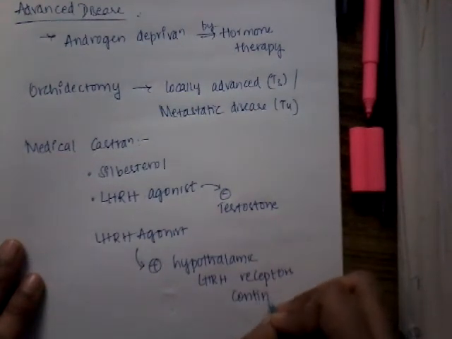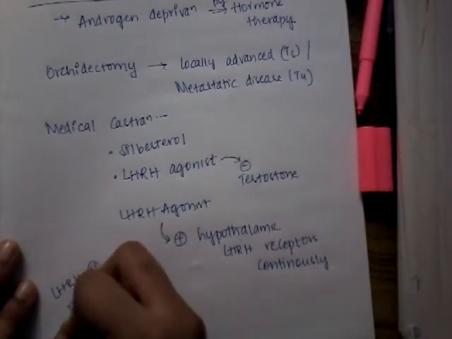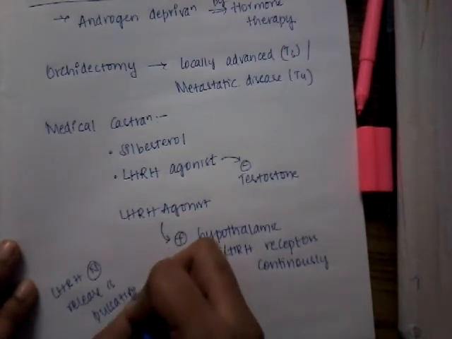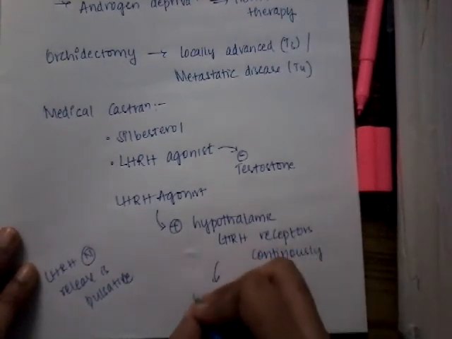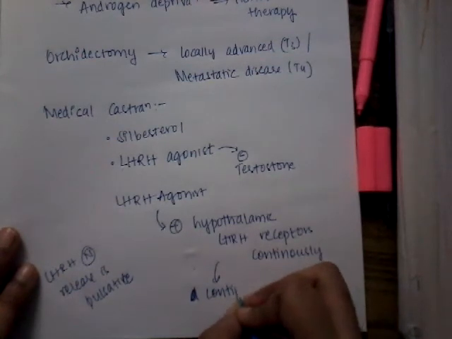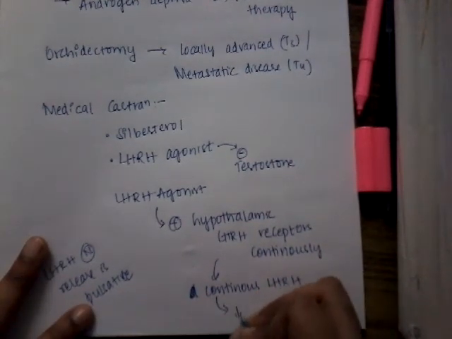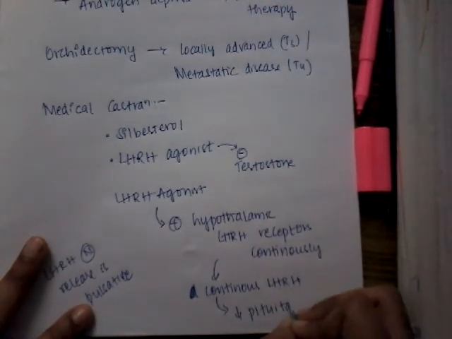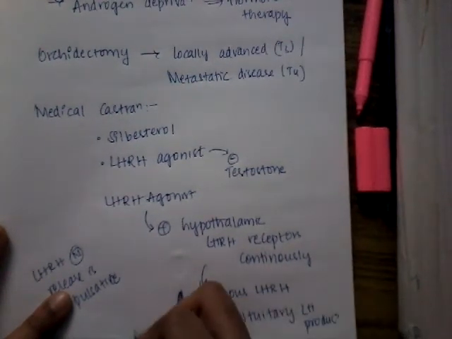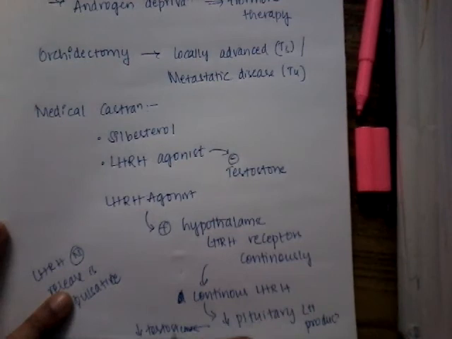Generally, LHRH normal release is pulsatile. But because it stimulates continuously, there is continuous LHRH, which will decrease pituitary LH production, thus decrease testosterone. Right? So this is what happens here.